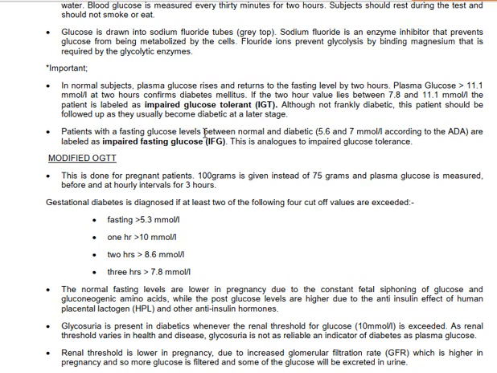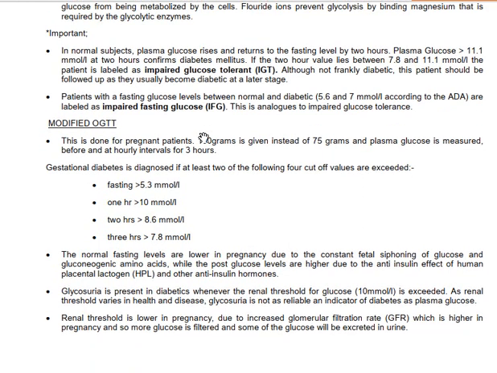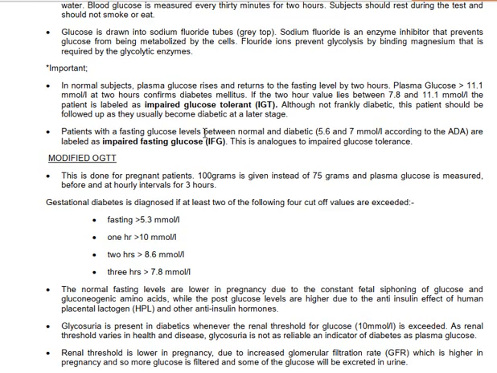If you are between 126 to 140, you are labeled as impaired fasting glucose level. So you need to know that there are two main cases. The first case is when you are fasting and your blood glucose level is between 126 to 140 milligram per deciliter, it is called impaired fasting glucose level.